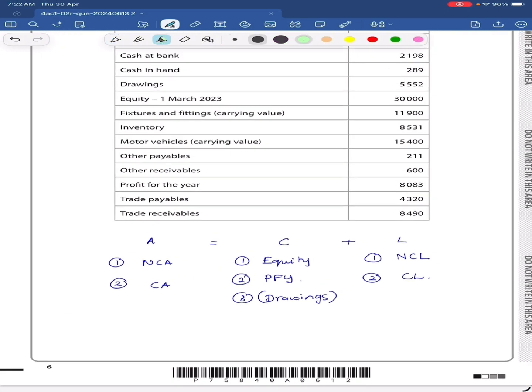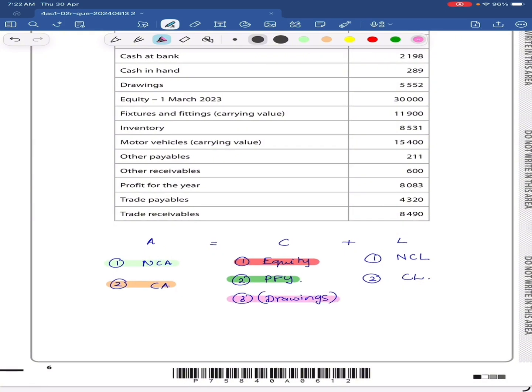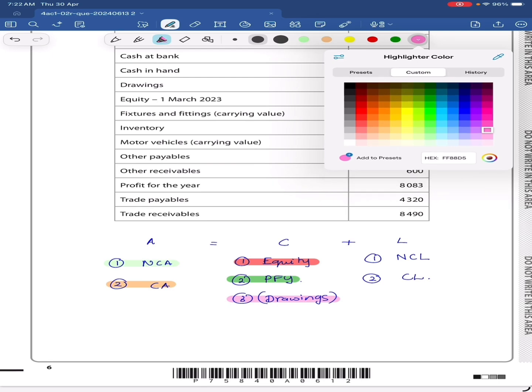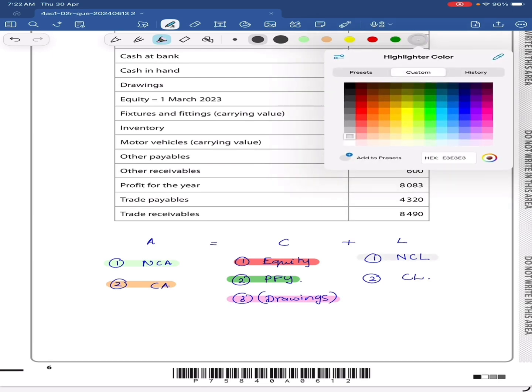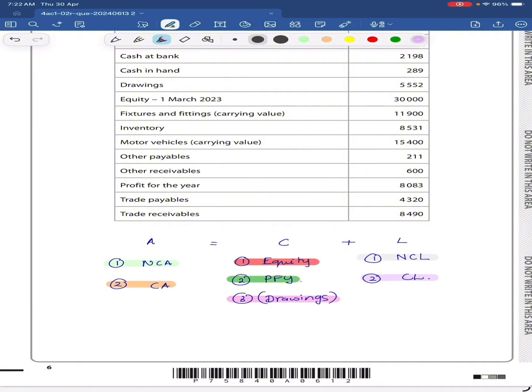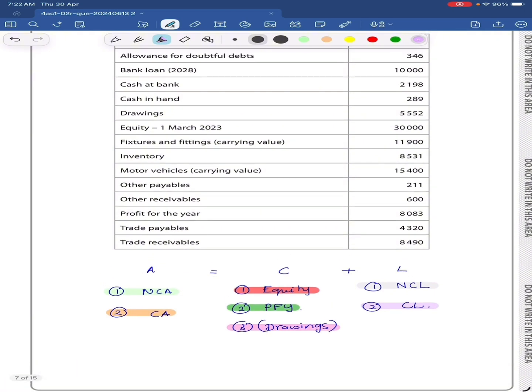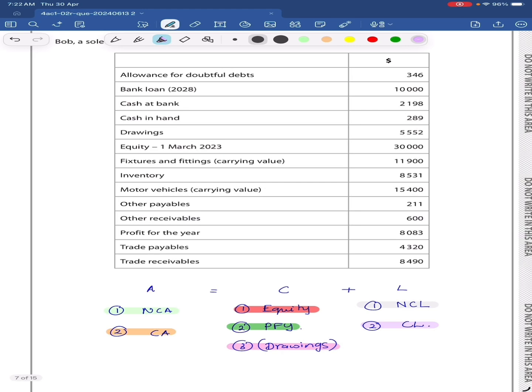Right? So let's keep the non-current assets in this color, current assets in orange. So equity, then you have profit for the year, then drawings, non-current liability, and current liability. Now let's classify these under each section.